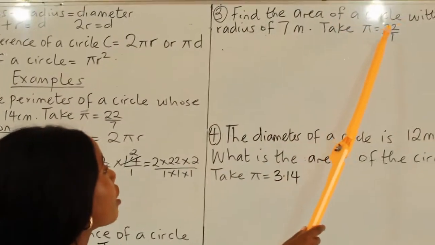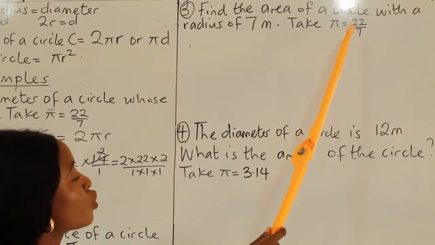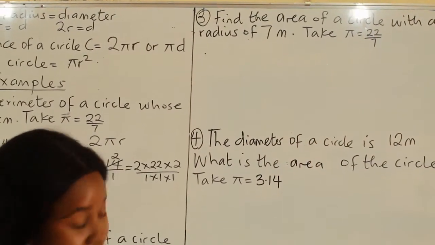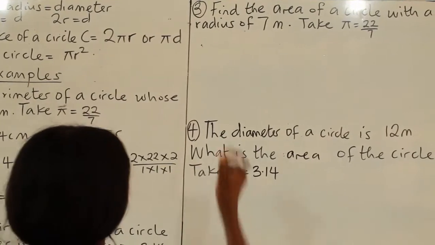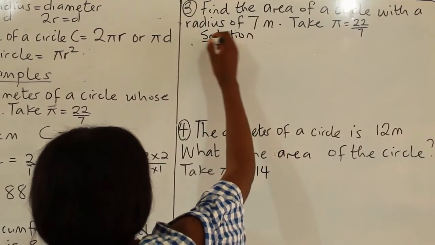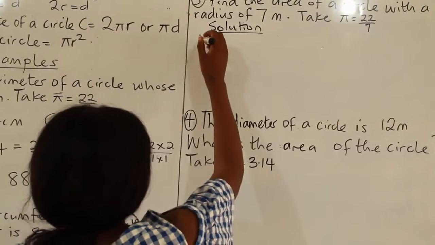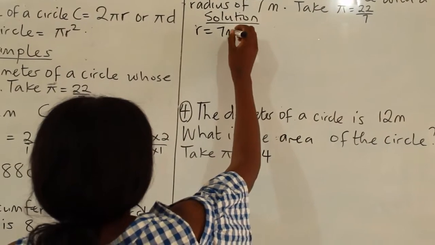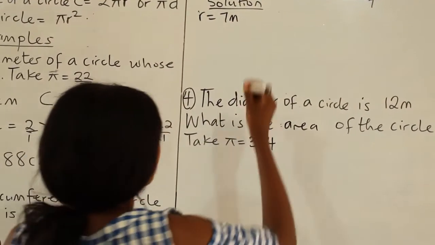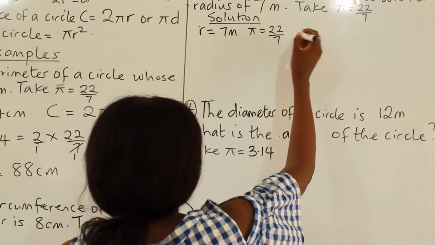Question number 3. Find the area of a circle with a radius of 7 meters. Take pi equals 22 over 7. From our question, r is 7 meters, which is the radius, and our pi is 22 over 7.